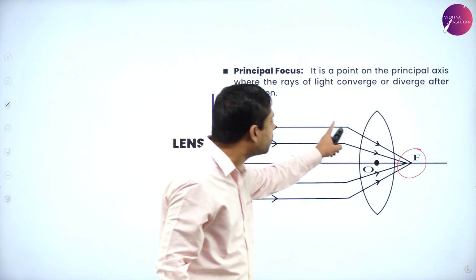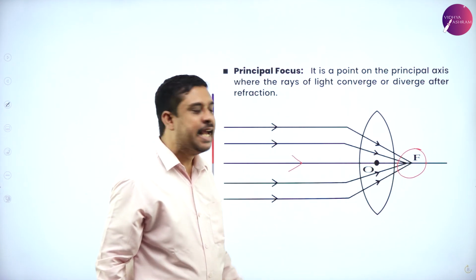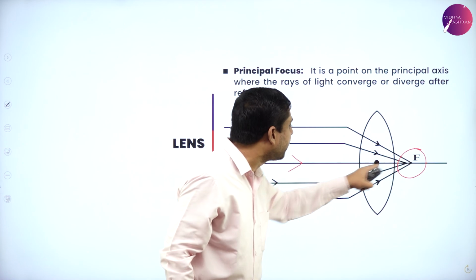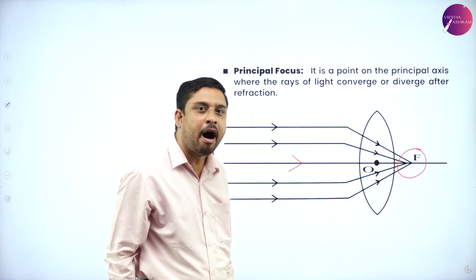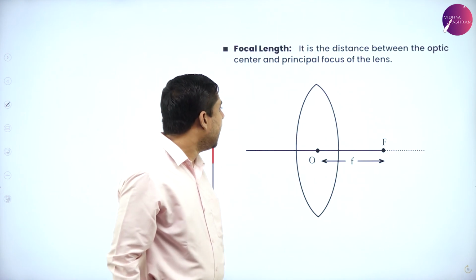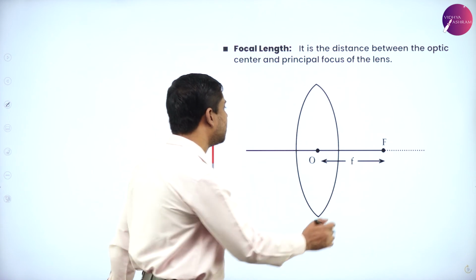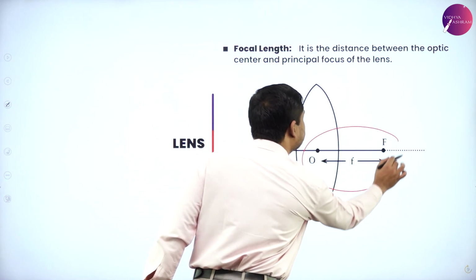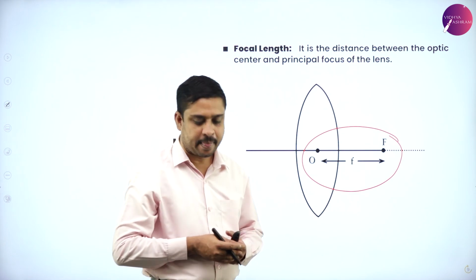After refraction, they are meeting at the point F, converging to a particular point, and this is called the principal focus. And the distance between the principal focus and the optic center is called the focal length.